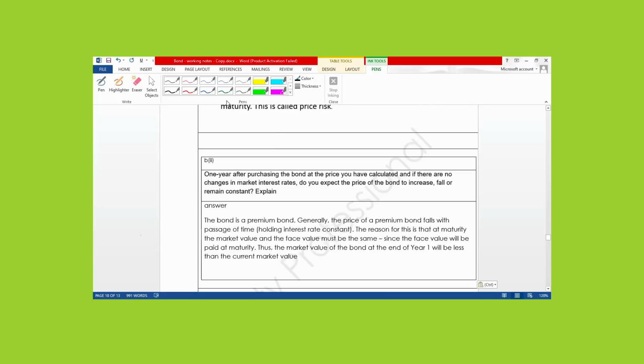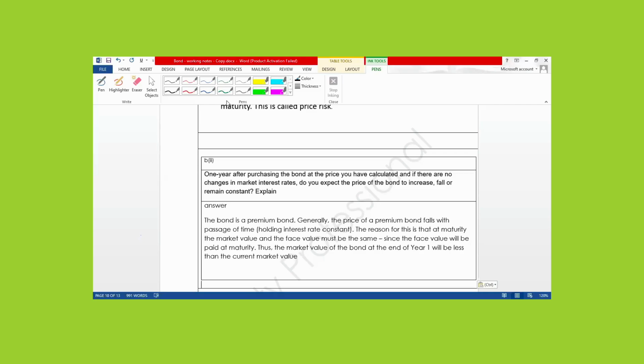Examiner says 1 year after purchasing the bond at the price you have calculated, and if there are no changes in market interest rates, do you expect the price of the bond to increase, fall, or remain constant? Explain.